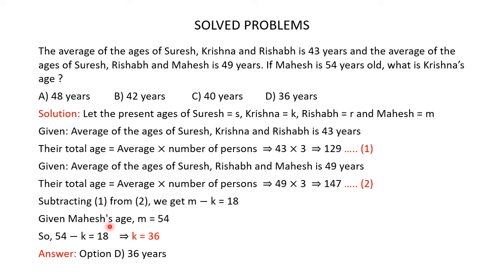Now it's given that Mahesh's age M is 54. So we know that M minus K is 18 and M is 54. So K will be 54 minus 18, which is 36. So Krishna's age is 36 years. The correct answer is option D, 36 years.